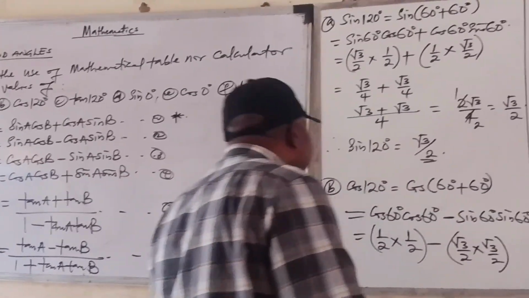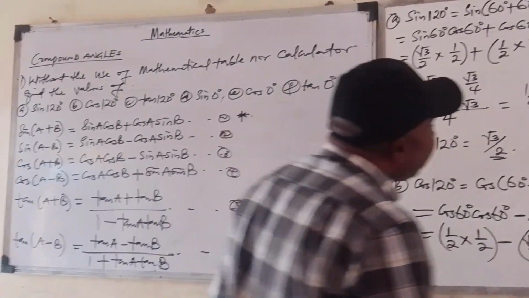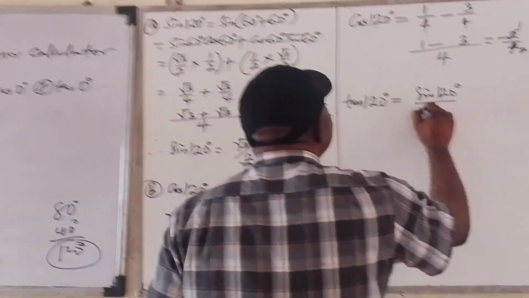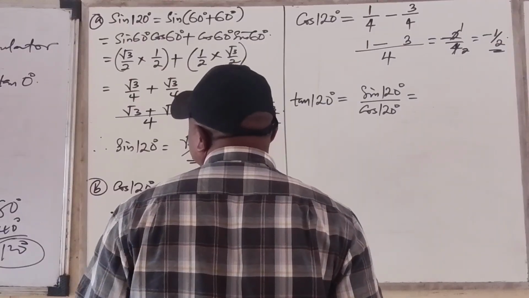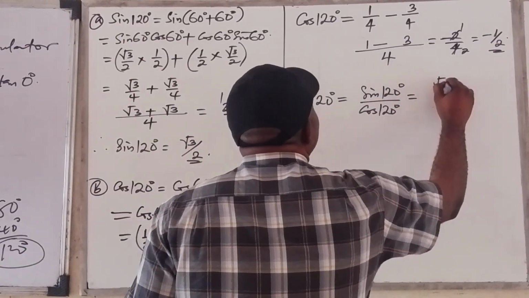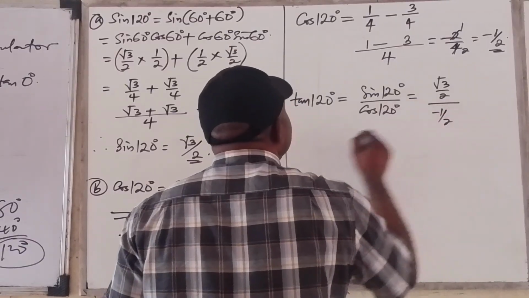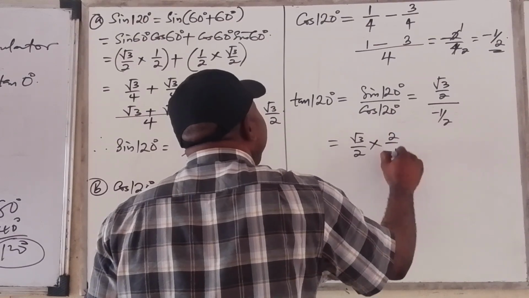Now, since we have known the value of sine and cos, we can use this, or if you like, you can just call it sine 120 degrees divided by cos 120 degrees. Now, sine 120 degrees gives us root 3 all over 2 divided by minus 1 over 2. So that will give us root 3 all over 2 times 2 all over minus 1.